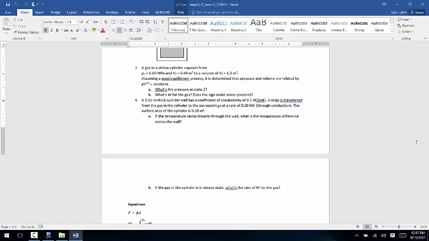What happens here? Is it steady state? Yes. So if Q dot is negative, W dot has to be negative.